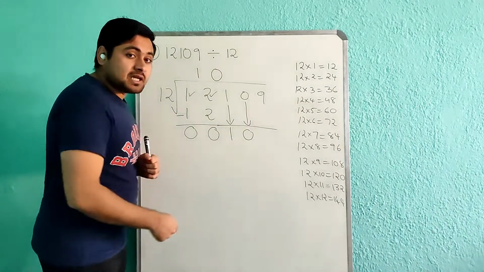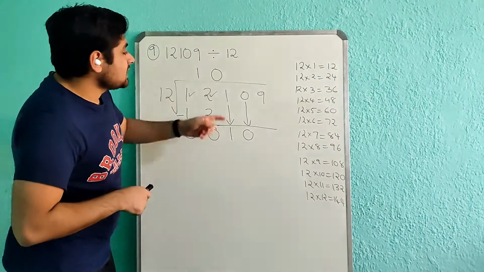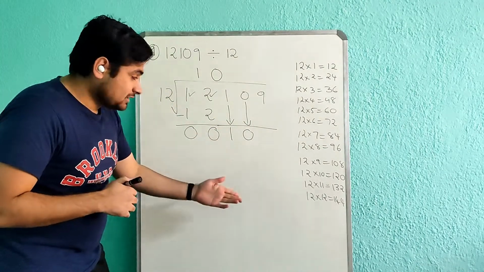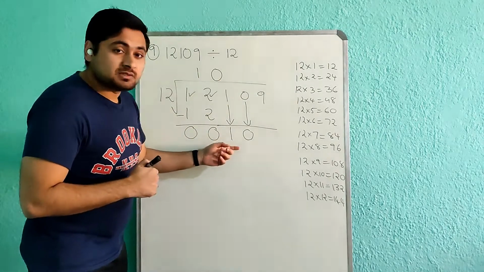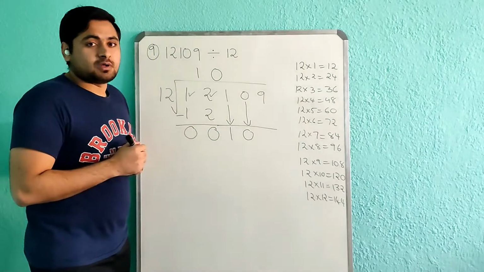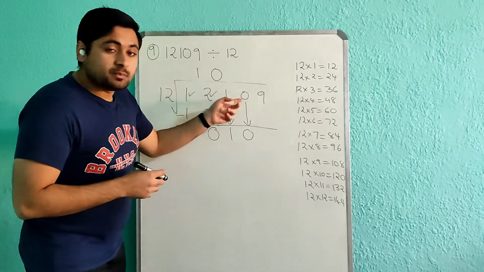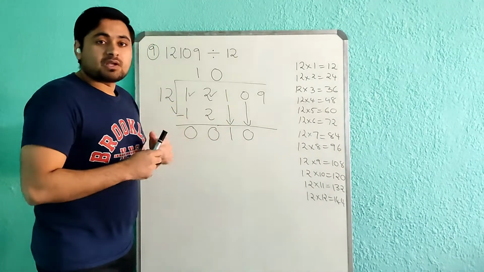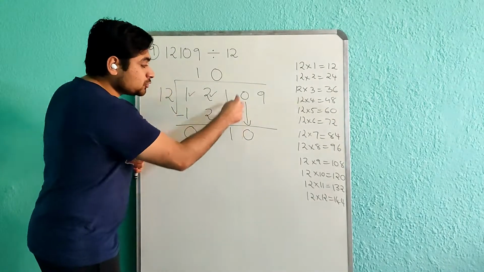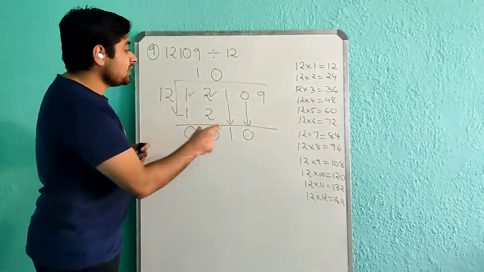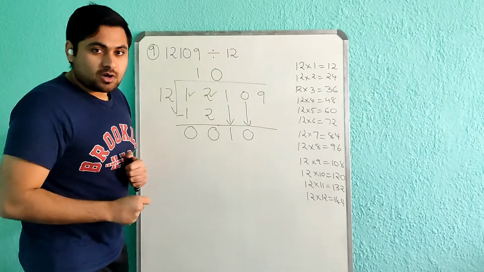Did you bring down 1? Yes, we did bring down 1, right? And then what did we see? That 1 does not come in the table of 12. Then we said, if 1 does not come in the table of 12, then we have to bring down the next number. The next number was 0. So the moment you bring down 2 numbers together, then you have to put a 0 on top, right?